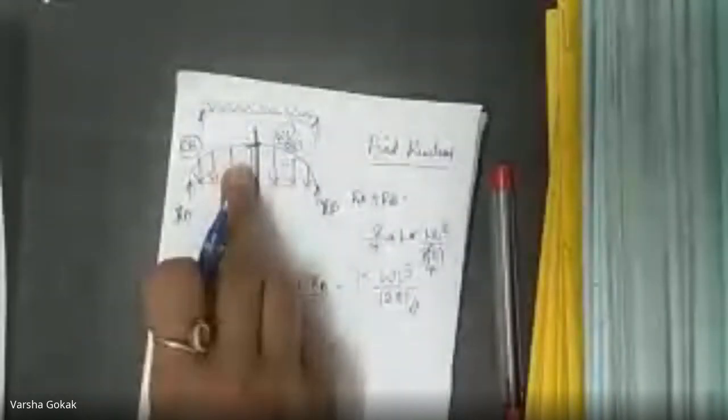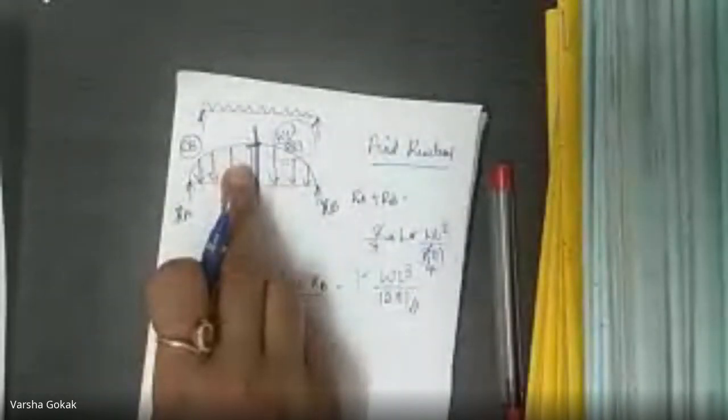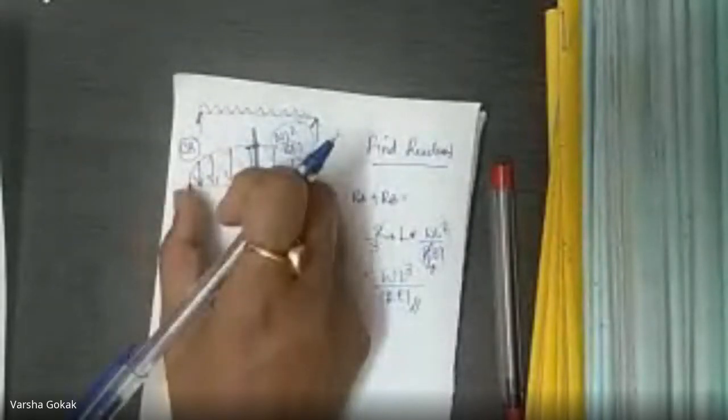Say moment at A equal to 0. So when I'm taking moment at A equal to 0, here I have to take two-thirds base into height of this individual parabola. Two-third height is WL square by 8, and base will be L by 2. Now, what is the CG of this?